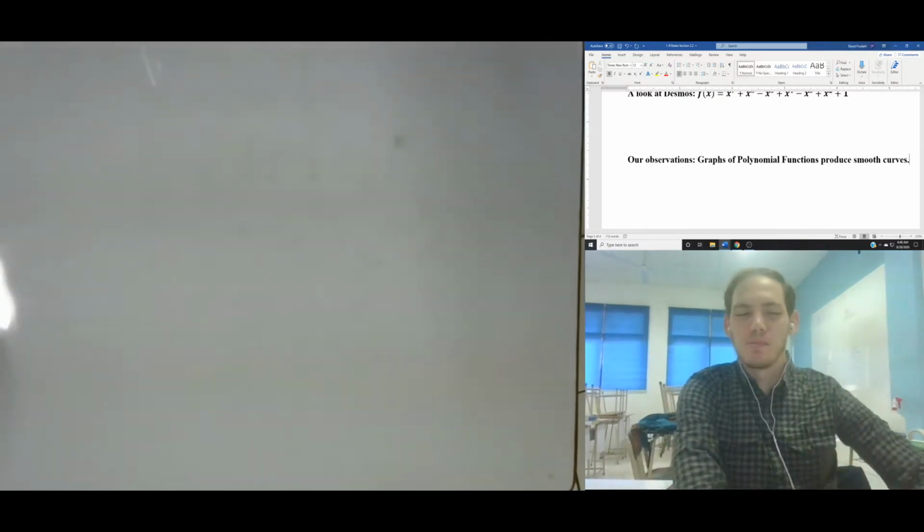Graphs of polynomial functions produce smooth curves. You know, years back I taught algebra classes, they thought I was joking when I was talking about smooth curves, but it's crucial. Smooth curves is what tells us it's a polynomial function.